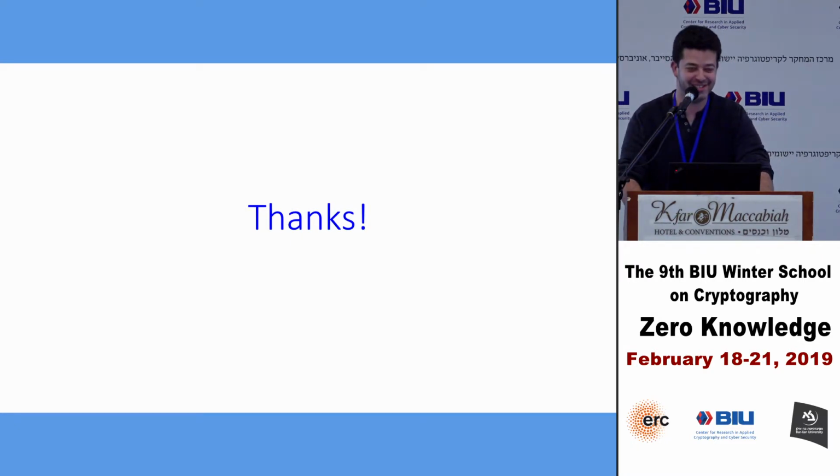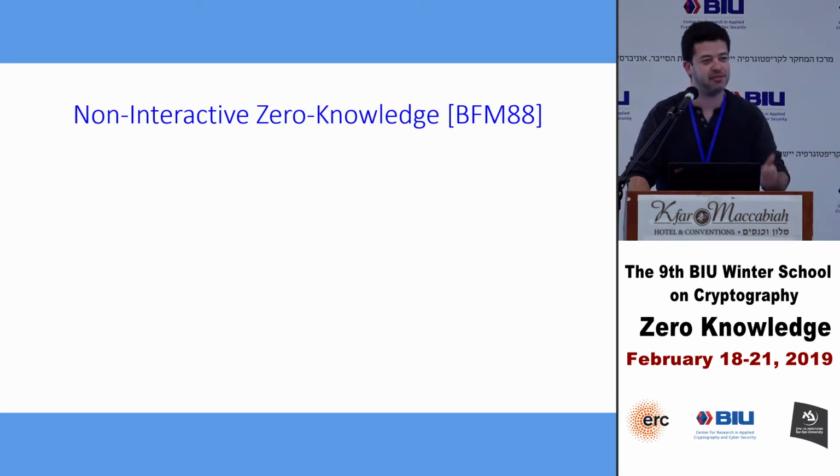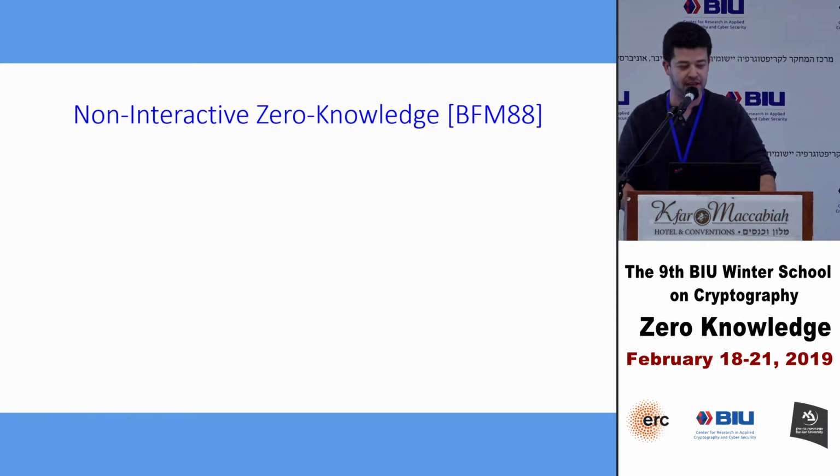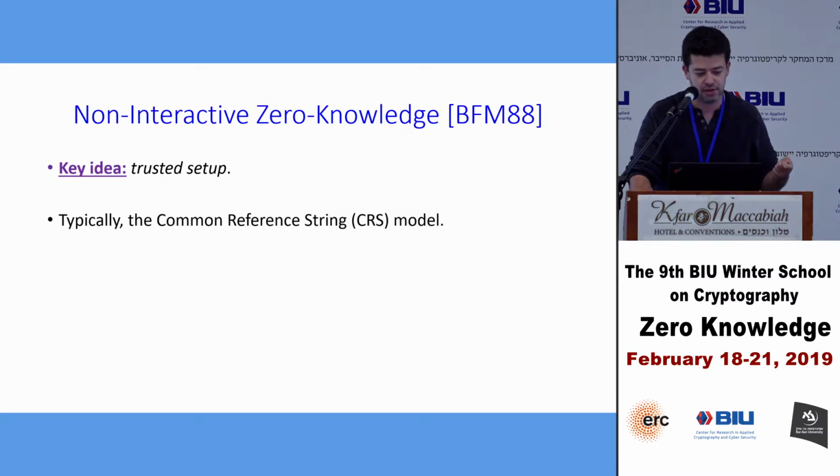Thank you. No, wait. The actual model, this was to motivate the actual model, was proposed by Blum, Feldman, and Micali in '88. And the key idea that lets us avoid the impossibility result is something called a trusted setup. In the typical incarnation, it's what's called the common reference string model.